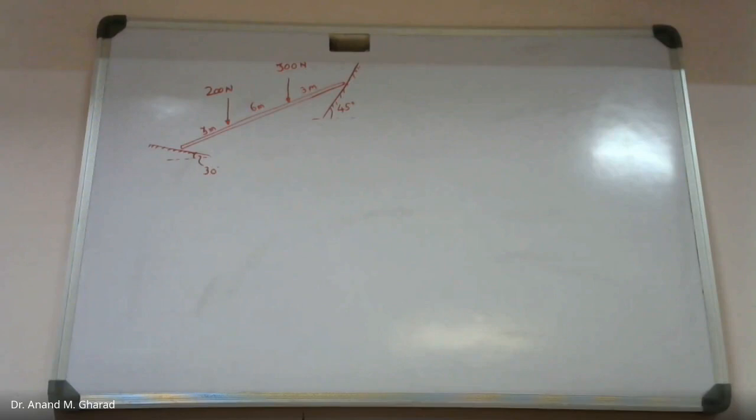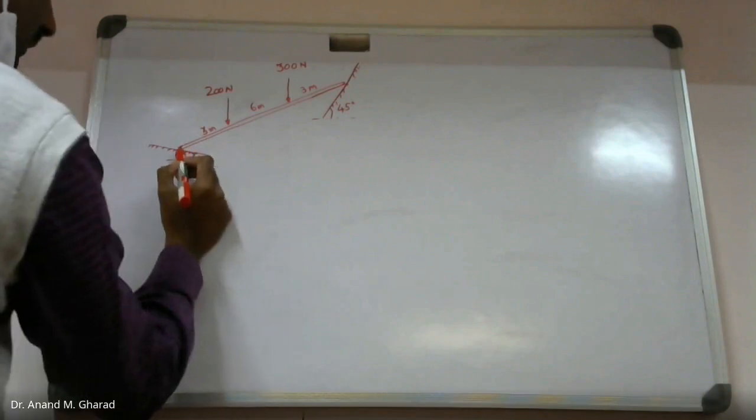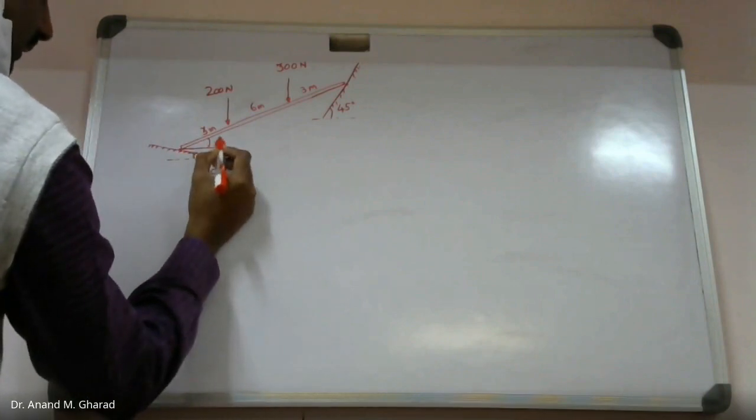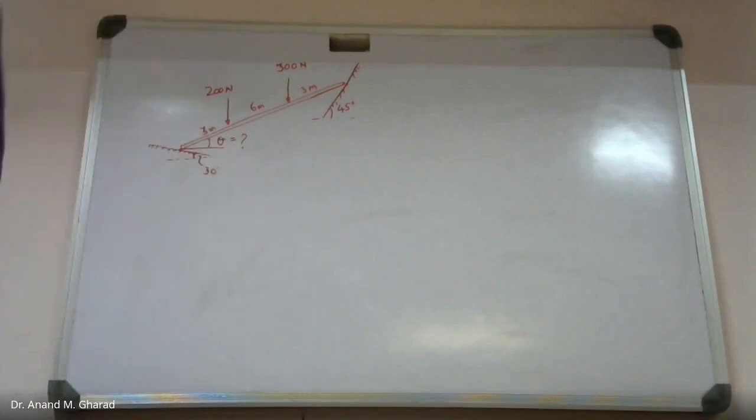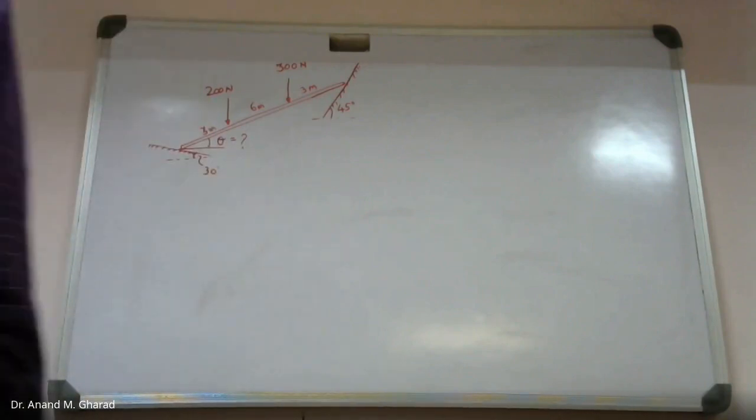You are supposed to determine the angle theta when it is in position of equilibrium. Okay. So you are supposed to identify this theta angle. This is unknown. This is what you are supposed to identify in this numerical.